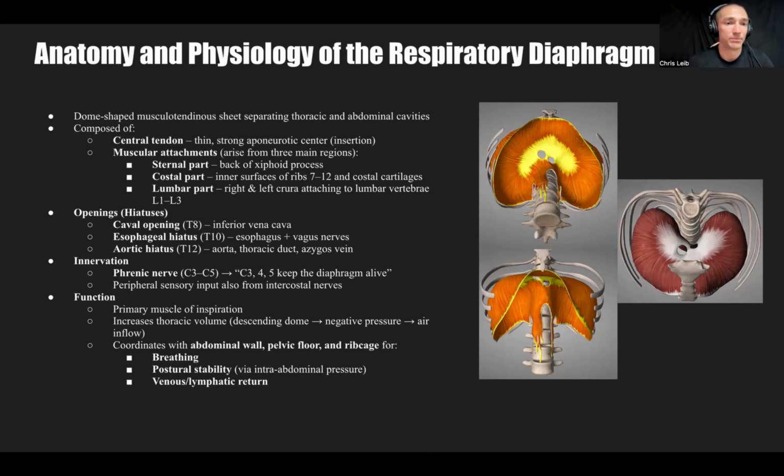The lungs are usually passive in the process of breathing, where the diaphragm is more of the active muscle, and it drops down, but that dropping down then puts pressure downward on the abdominal organs, distends the abdominal wall, can actually move down into the pelvic floor and create a distension or an eccentric orientation down there, expands the rib cage, and it coordinates all of this to help with breathing, postural stability, and also the expansion and compression of the breath helps to create a pumping effect which helps venous return as well as lymphatic return.